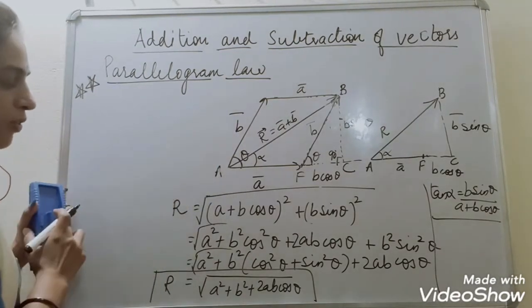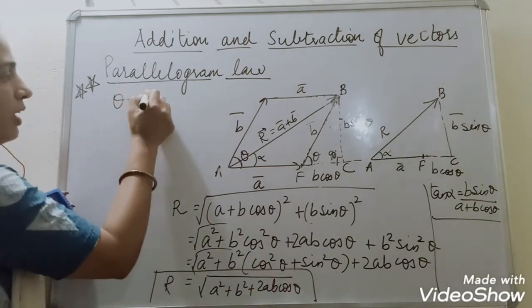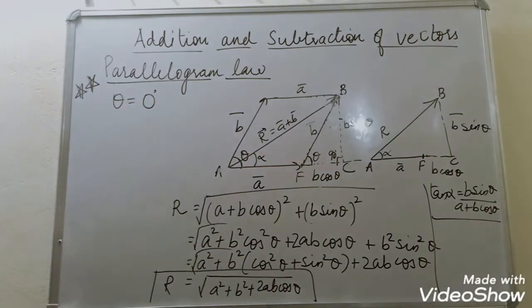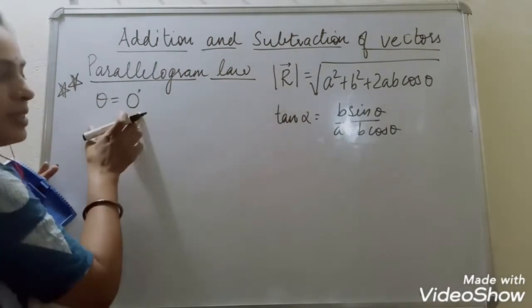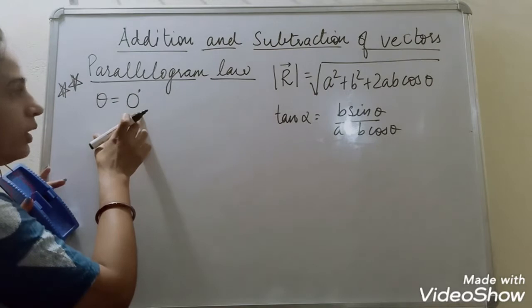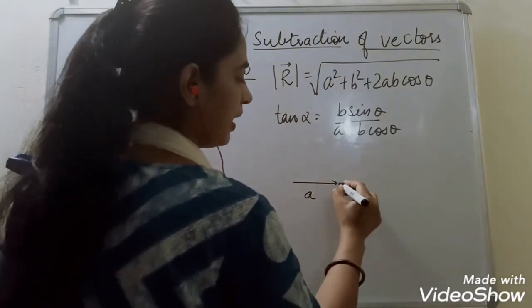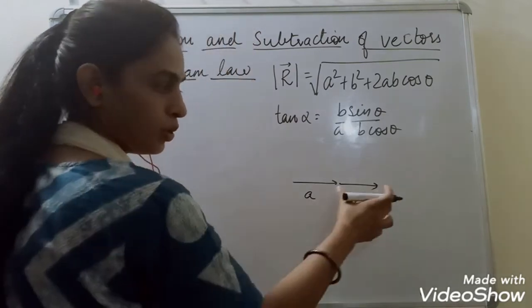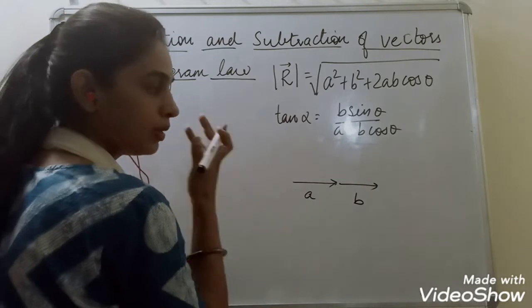Now we have different cases. The different cases are if theta is equal to 0 degree. What will be that case? This is vector A and this is vector B, so the angle between them is 0 degree. Both are in the same direction, so both are parallel.